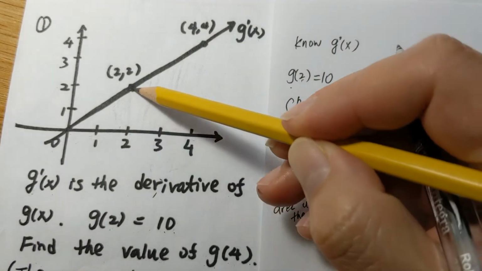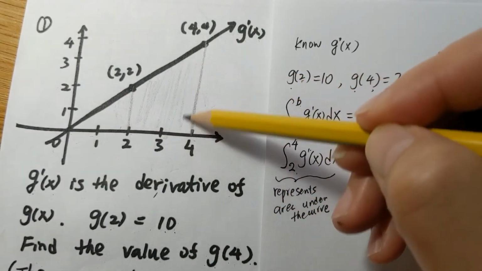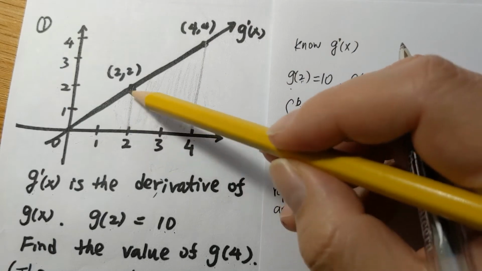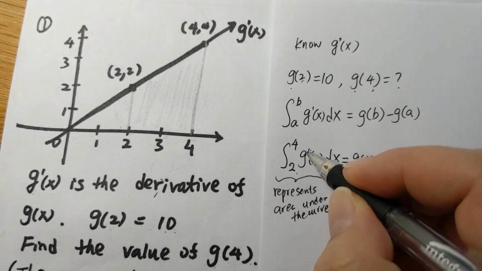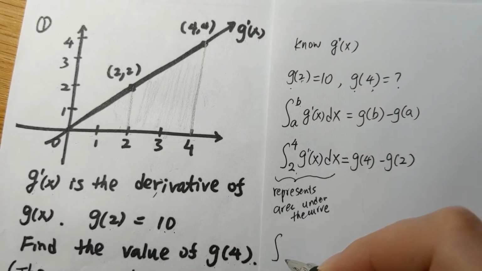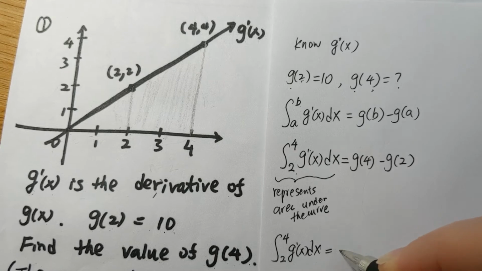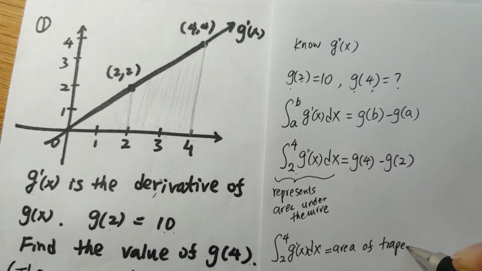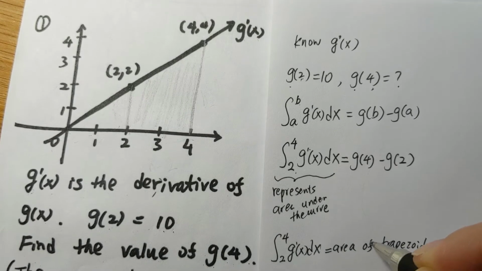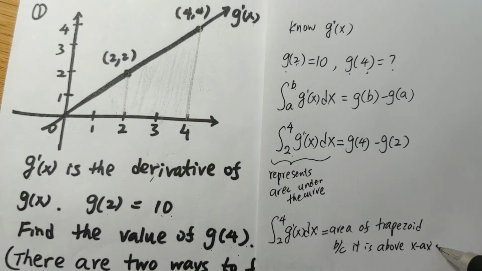From 2 to 4, this will be the area we're going to calculate. It is a trapezoid. So the integral from 2 to 4 of g prime of x dx equals the area of the trapezoid, because it is above the x-axis.